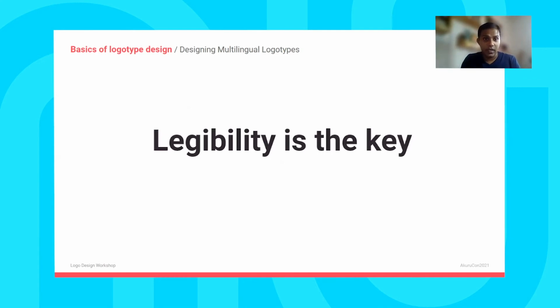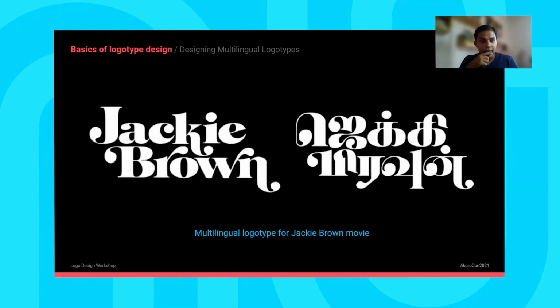So let me go through the logo that I did for the Jackie Brown movie, a side hustle for a title translation project, where I took a couple of essences to adapt for Tamil.